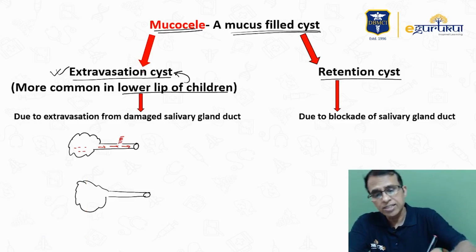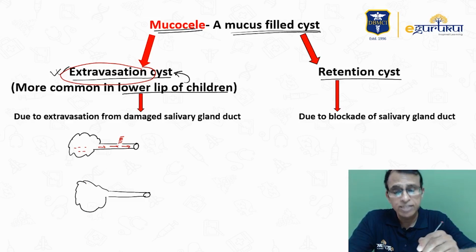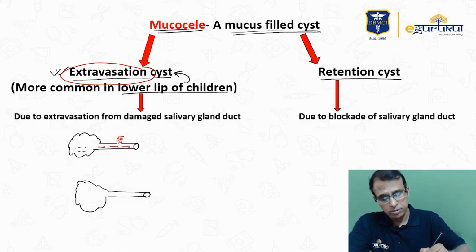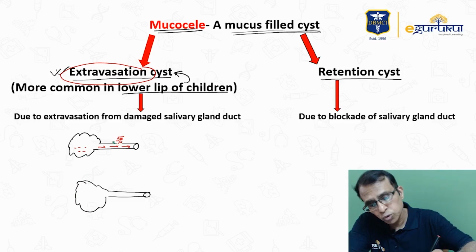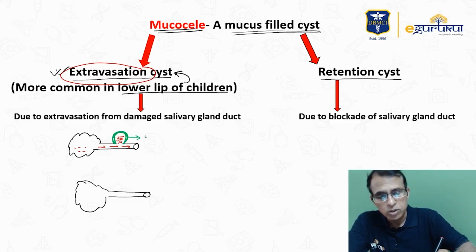This is called extravasation. It comes out of the tube. It forms a swelling, and when it comes out of the duct and collects around it, the normal tissue grows around it, and it begins to look like a mucosa. This tissue is not a capsule. A capsule is not formed. It's tissue growth.